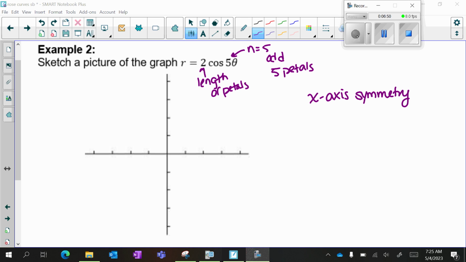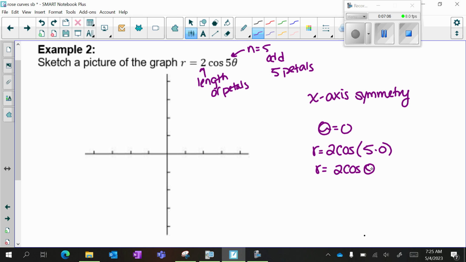So I'm going to start by plugging in theta equals 0. So for theta equals 0, I'm going to have r equals 2 cosine 5 times 0. So r equals 2 cosine 0. So you should know from your unit circle or from your graph that cosine 0 is equal to 1.